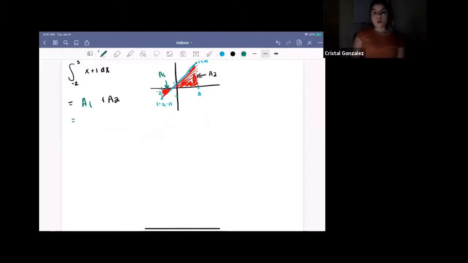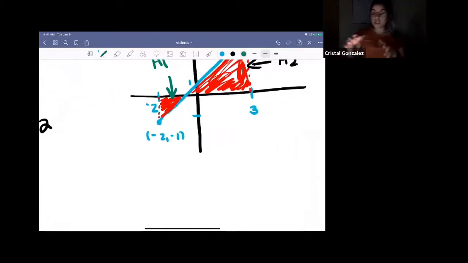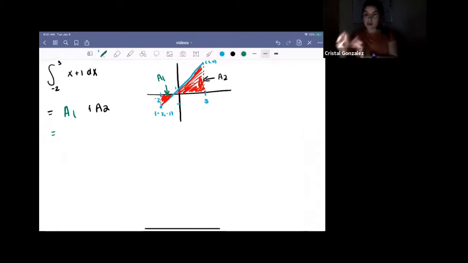But I want you to notice something. When we're looking at area, if we are under the x-axis, we're actually going to be negative. So for area 1, this is the only time where it's okay to have negative area when we're evaluating an area under the curve, because we're in the xy plane.